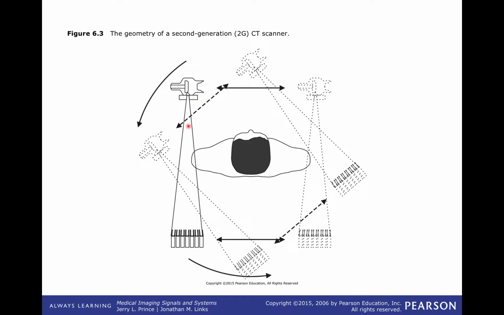So you've got a lot more radiation, and that way you can raster across more quickly, right? And so this was the next generation of this product, and this is Hounsfield again. They built this thing at EMI with this type of design, where the X-ray tube and this linear detector rastered across the patient. It rotated and it rastered again. And it was actually done only in head scanners originally.